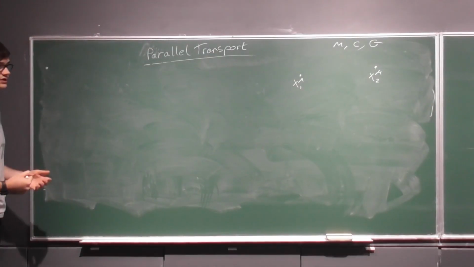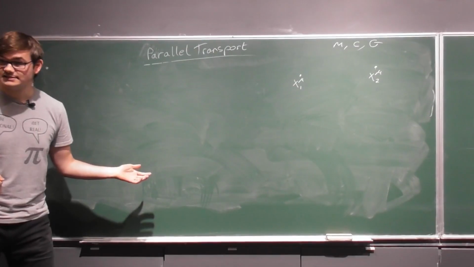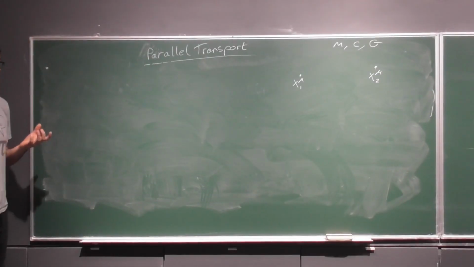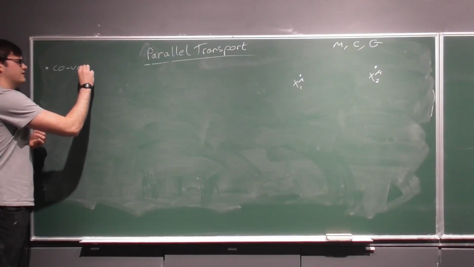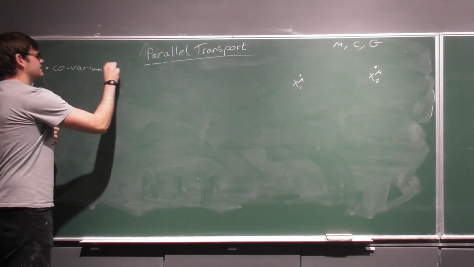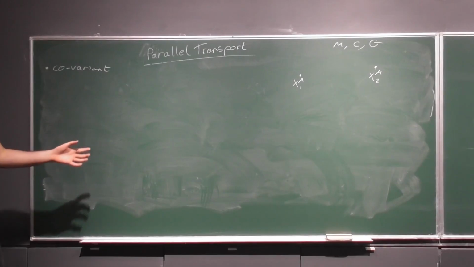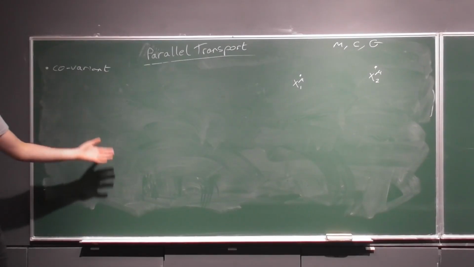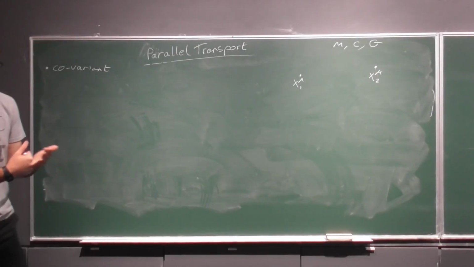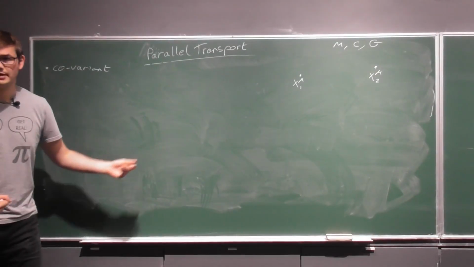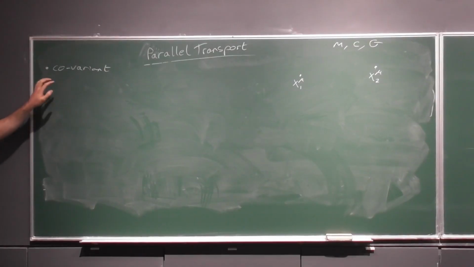So it's not going to have any indices, which means it's covariant. And that makes sense. We would imagine that if we change coordinates, the action shouldn't change value, or that might mess up where it is extremized, and that wouldn't make sense. So it's going to be covariant.